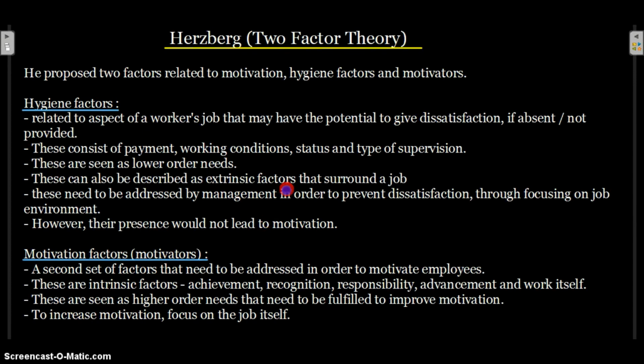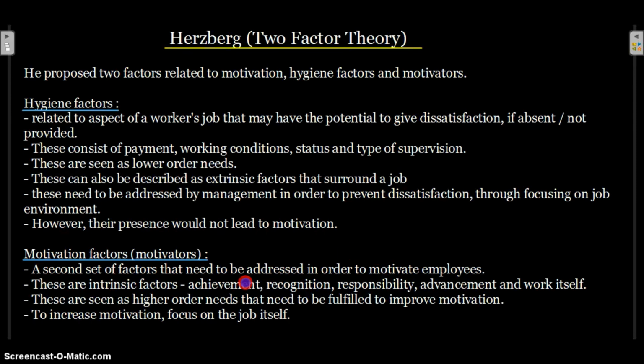So how do you move them a little step ahead? Well, that you can do by motivation factors. These are the second set of factors that Herzberg identified, and they need to be addressed in order to motivate employees. Their absence will not cause direct dissatisfaction. Hygiene factors cause dissatisfaction if absent, but for motivators, absence will mean a neutral situation, and their presence will mean a positive situation for the business.